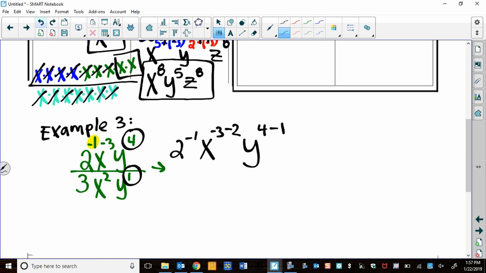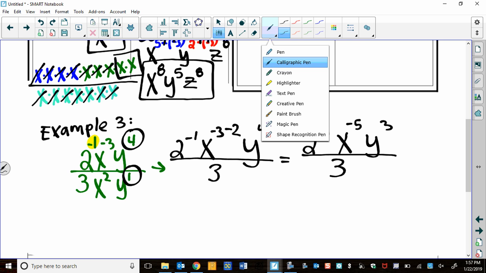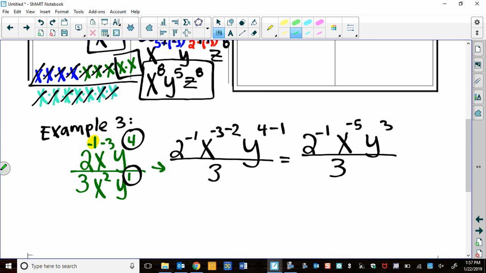This is where it's coming from. And then what I'm going to do is put that all over 3, because that's going to come later. So I'll write 2 to the negative 1, because that's the last step I want to do. My new exponent for x is going to be negative 5, and y is going to be 3, all over 3. Okay? Now, just so you know, we have these exponents, and we've already simplified them.